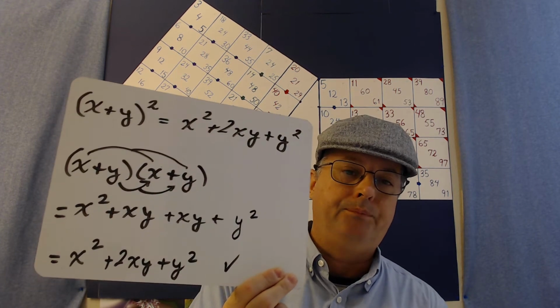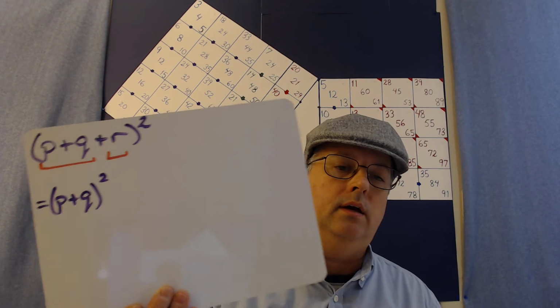And so using this same expansion here, we will say this is going to be p plus q squared, that's the x squared, plus 2x, which is p plus q, times y, which will be r, and then plus r squared.